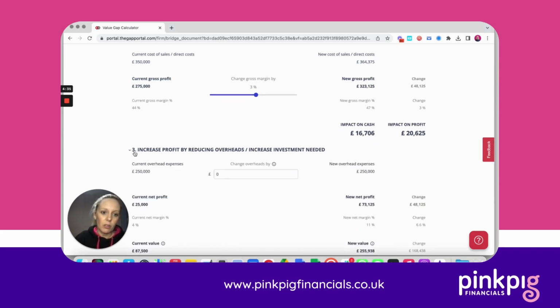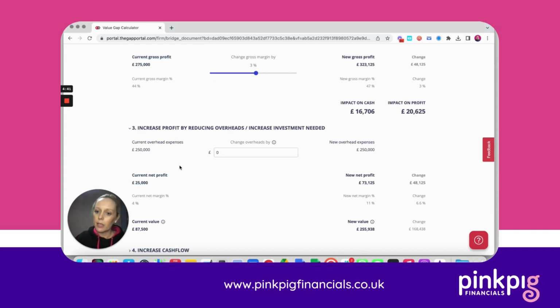We've then got increasing profit by reducing overheads. So, okay, let's say you are speaking to an accountant to get help with this and they're costing you £500 to do the work. I'm not saying that's how much we are charging, by the way, I'm just giving an example. So you are actually going to be increasing your overheads a little bit.